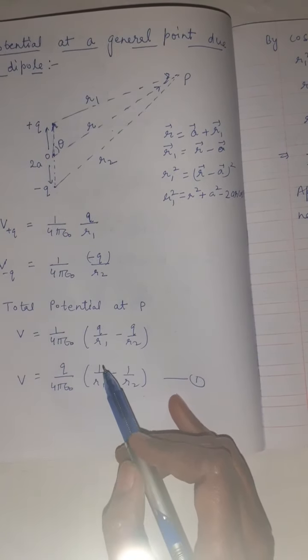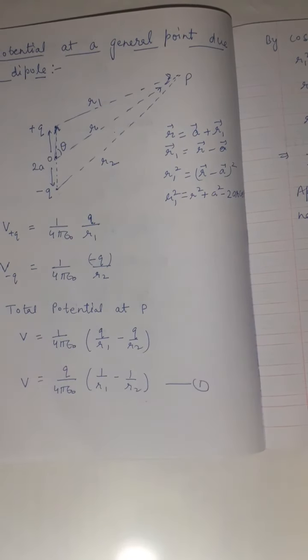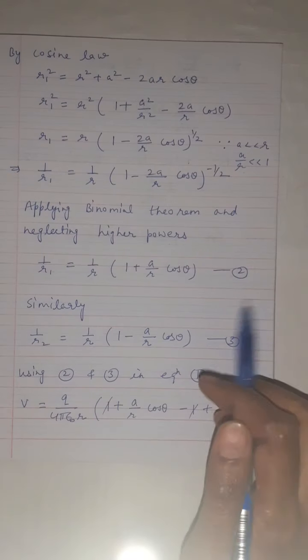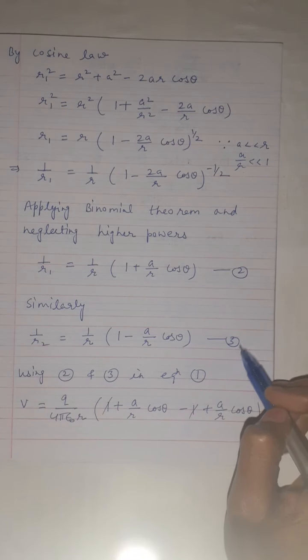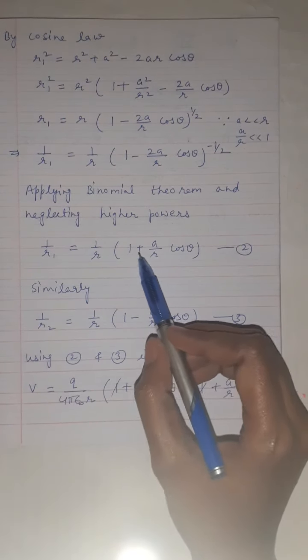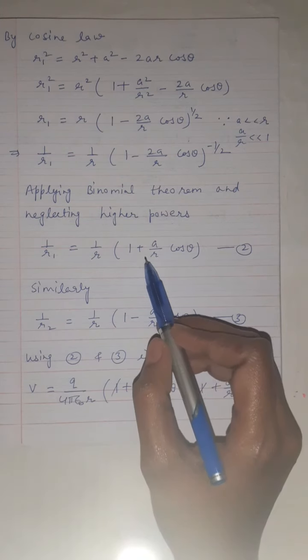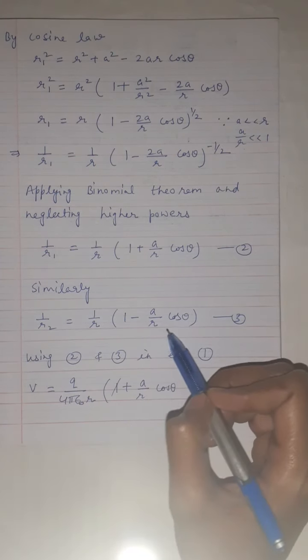So we have to subtract equation number 3 from equation number 2. When we subtract this equation from this equation, this 1 will be cancelled out and this term will be added.